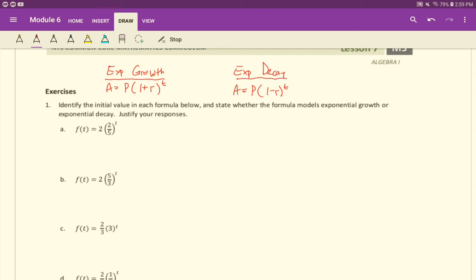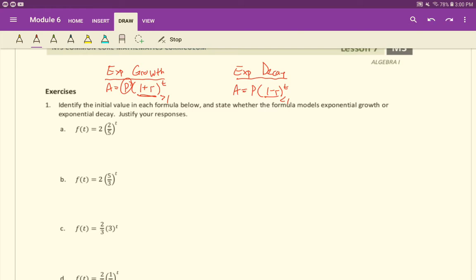In other words, we have growth if the base is bigger than 1, and we have decay if it is less than 1. Our starting amount is located right there in front of the parentheses, the P value.